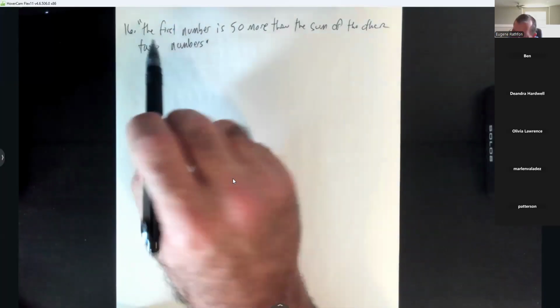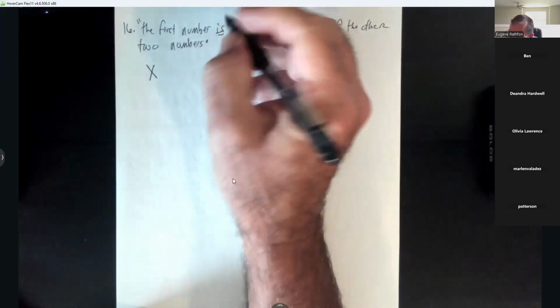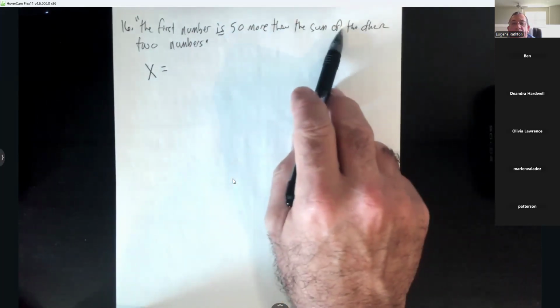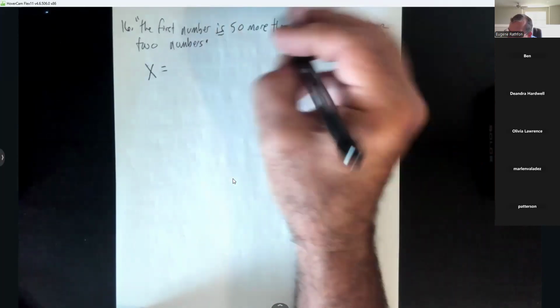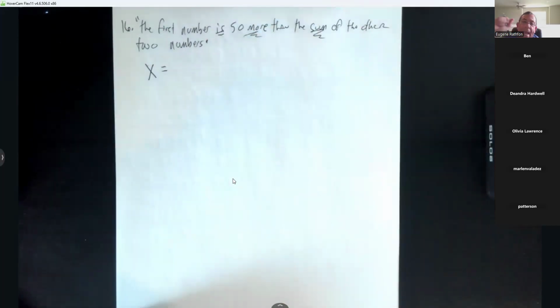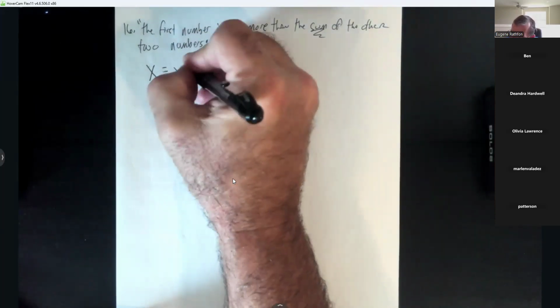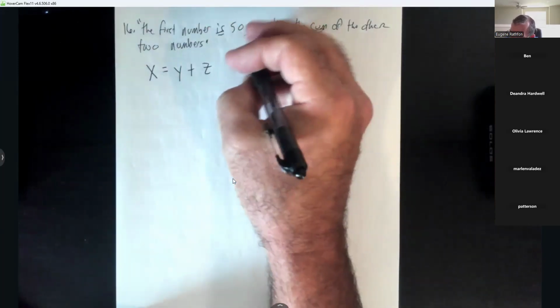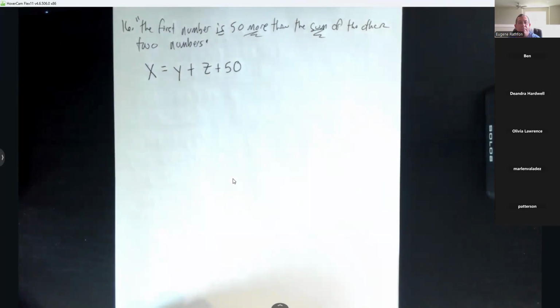So the first number, I don't know what it is. I'm going to call it X. Is your equals, and then it's 50 more than the sum of the other two numbers. Well, sum is adding, and then 50 more will be like you're adding 50. So I don't know the other two numbers, so that'll be Y plus Z. That's the sum of the other two numbers, and then plus 50.